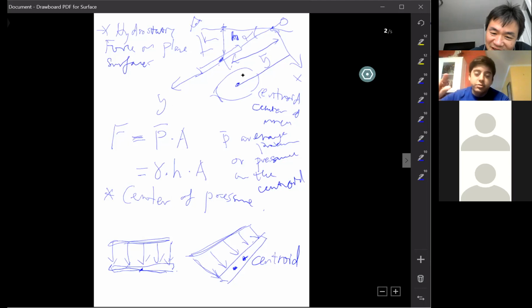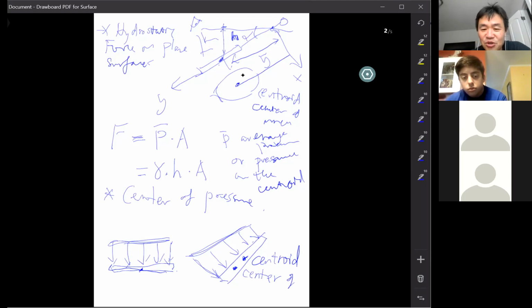It doesn't really matter, because there's less pressure on top and greater pressure on the bottom. So at the center of pressure, all the pressure would be balanced. The overall force on the left of the point should be equal to the overall force on the right of the point. All the force distribution should be balanced about this point.